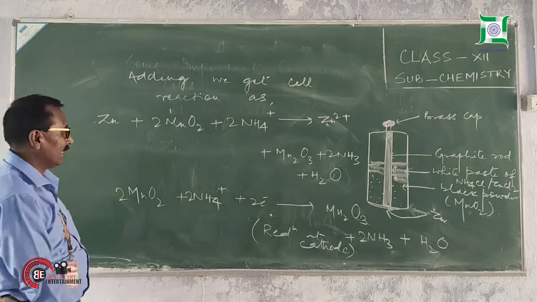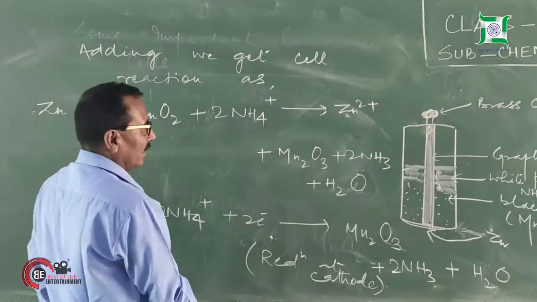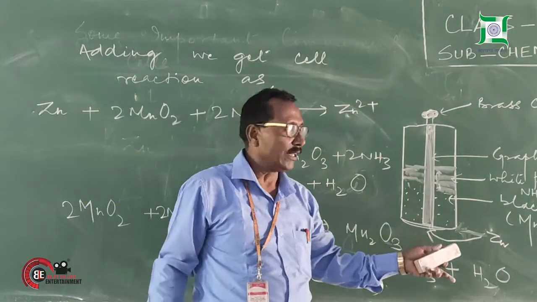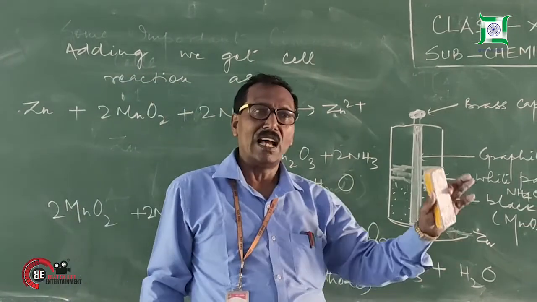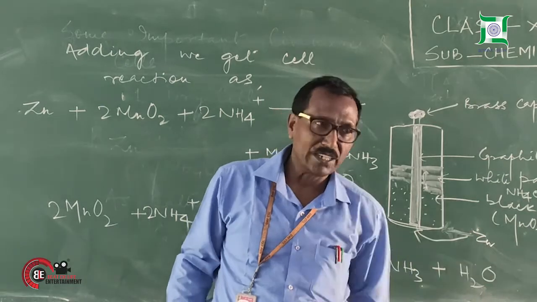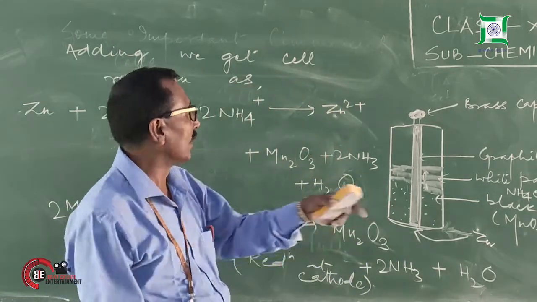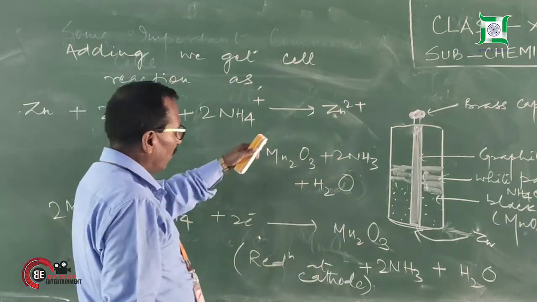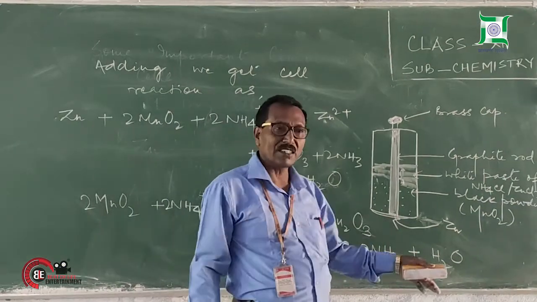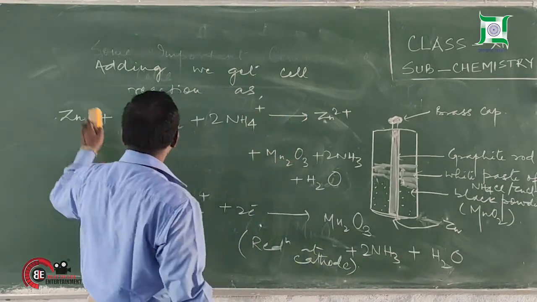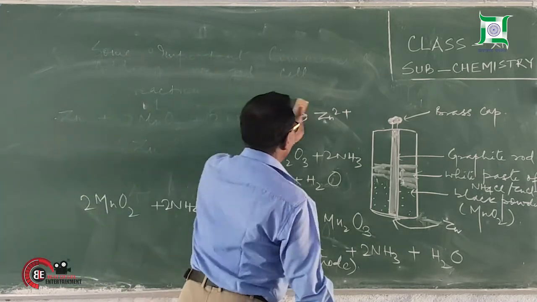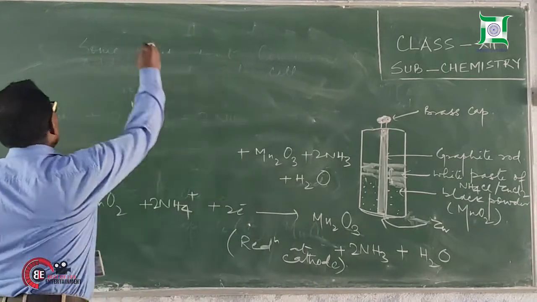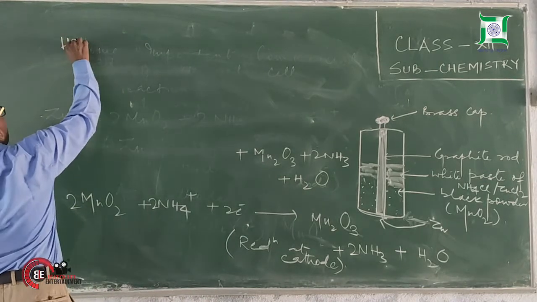So this is the balanced cell reaction. In this way, for any commercial cell, we can write anode reaction, cathode reaction, and cell reaction. So for the remaining 5 cells, you have to write anode reaction, cathode reaction, and cell reaction. This will be homework.